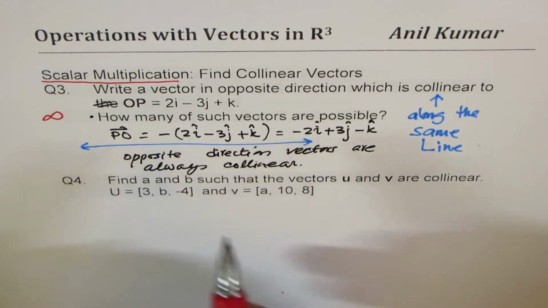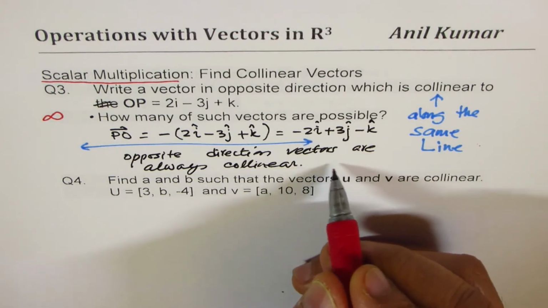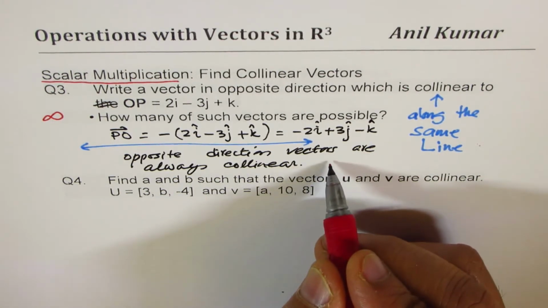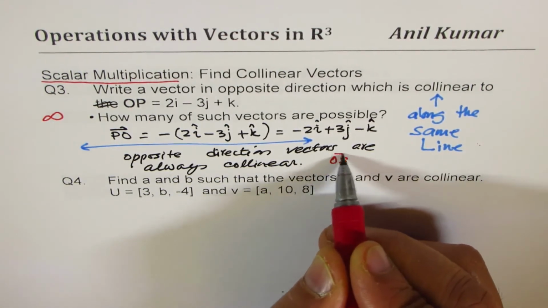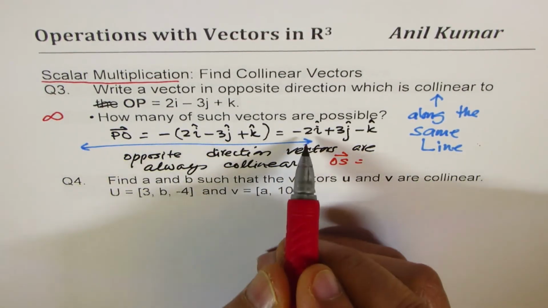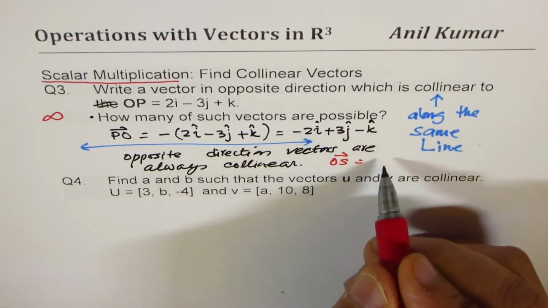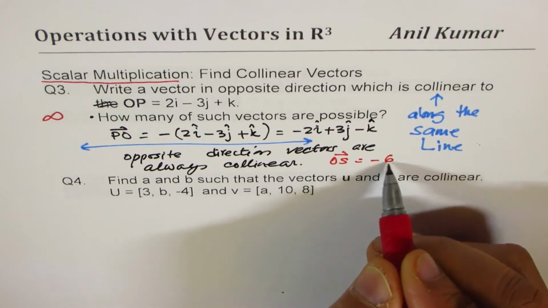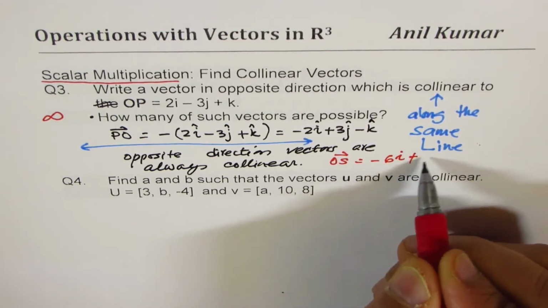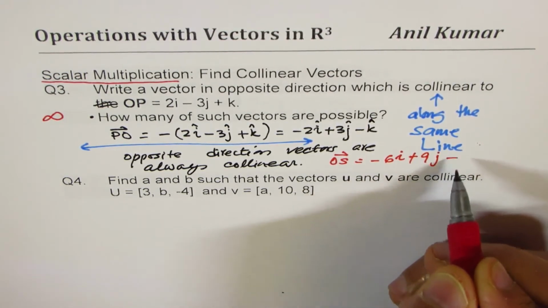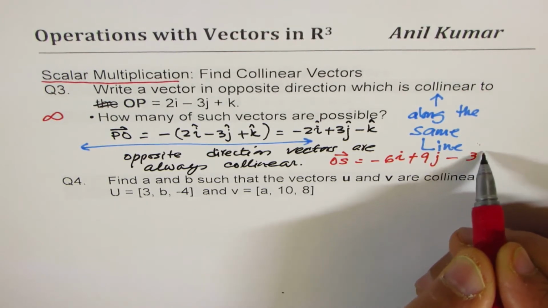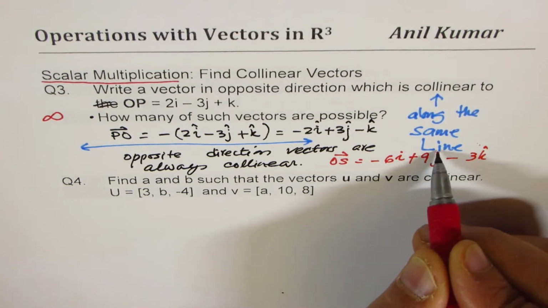You should understand that, right? So I could give another vector, let's say OS, where I could multiply this by 3. So I could say minus 6i plus 9j minus 3k, correct? So that could be another one.